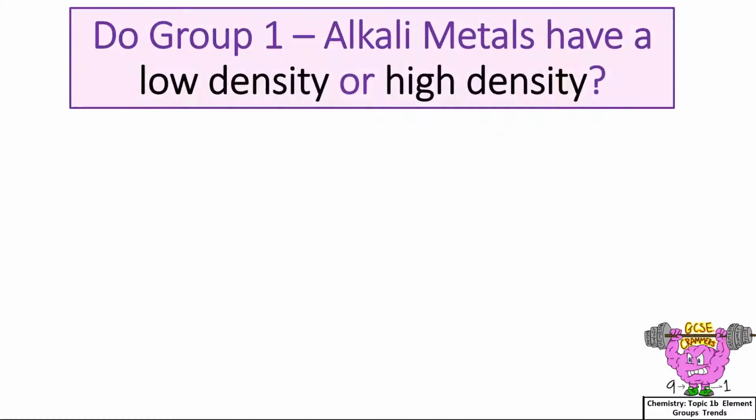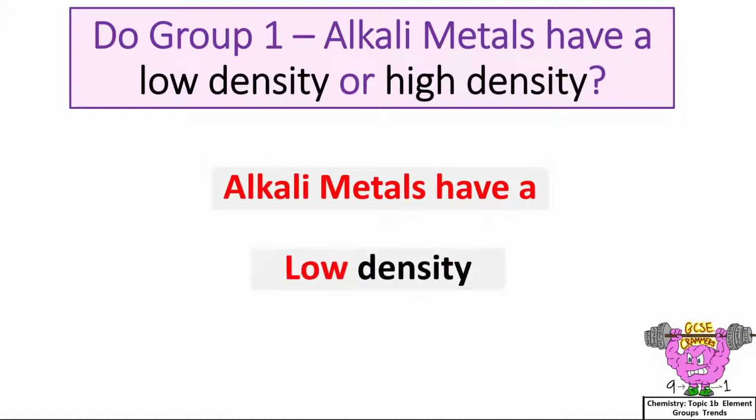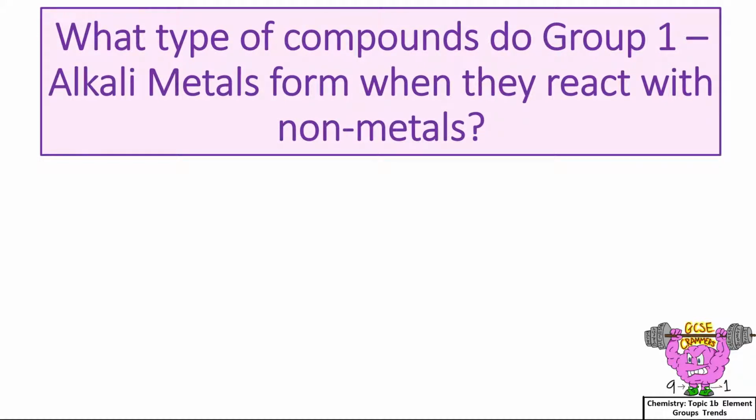Do group 1 alkali metals have a low density or a high density? Alkali metals have a low density. What type of compounds do group 1 alkali metals form when they react with non-metals? Ionic compounds.